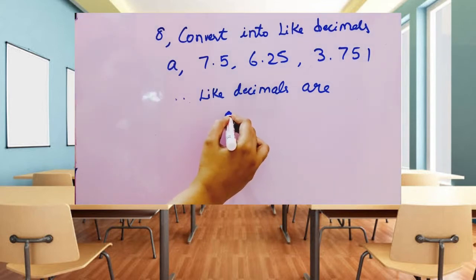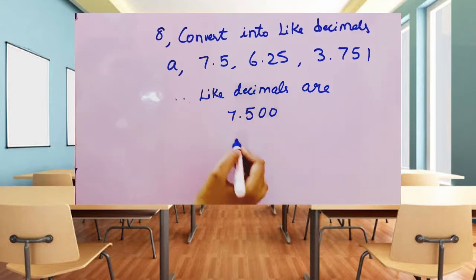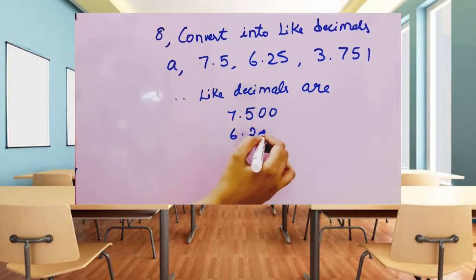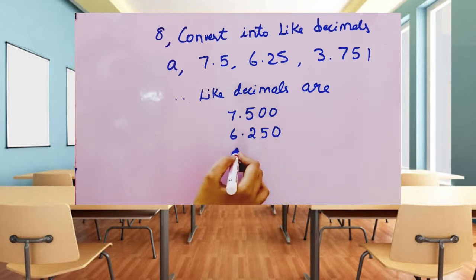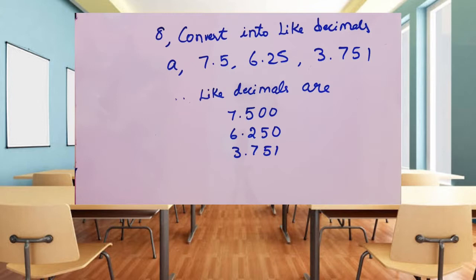We can write it as 7.500, 6.250, 3.751. Now all the three are in like decimals. We are going to see the second sum now.